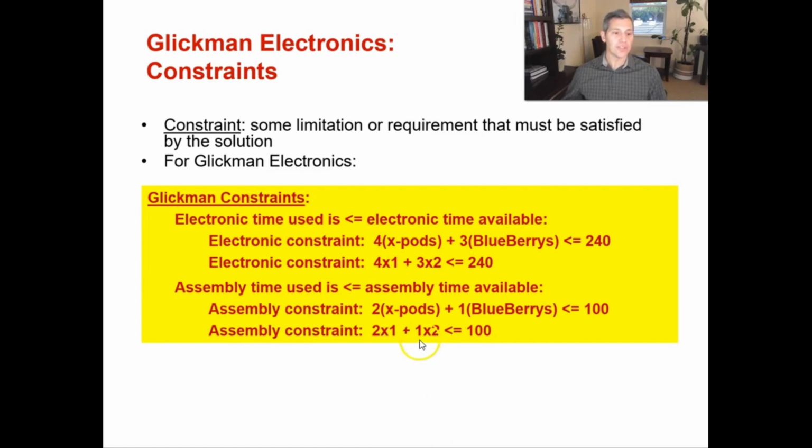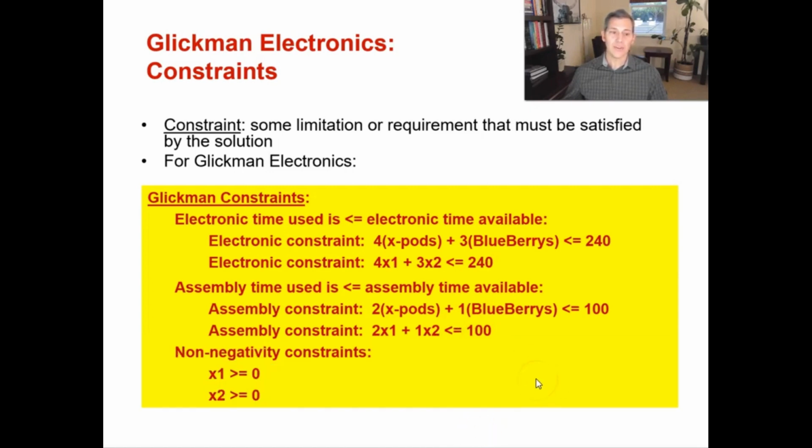Now let's go to the assembly time. It's 2 hours per XPod and 1 hour per blueberry is less than or equal to 100 hours available in the assembly area. So your assembly constraint is 2x1, because XPods are your x1, plus 1 multiplied by your x2 decision variable, which is blueberries, is less than or equal to 100.